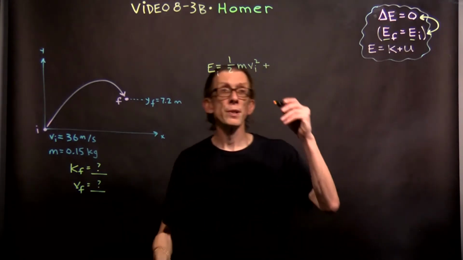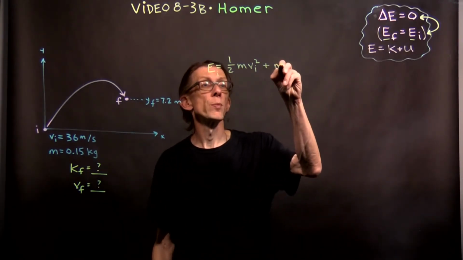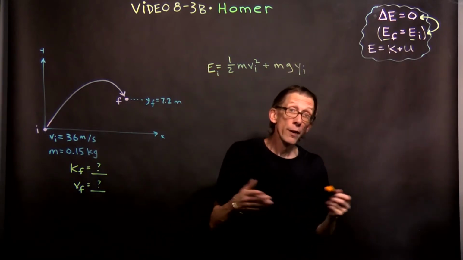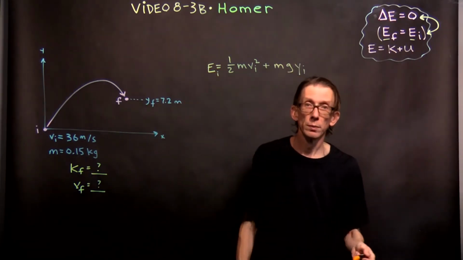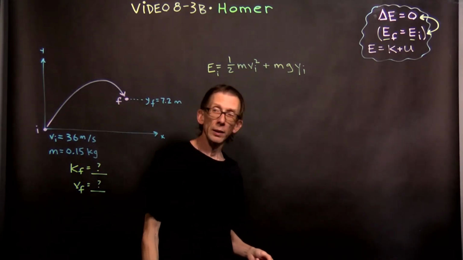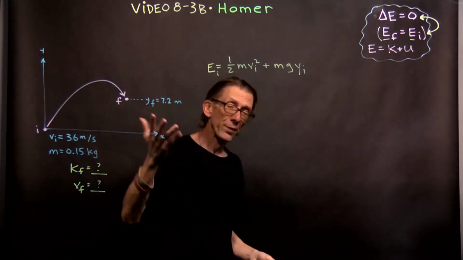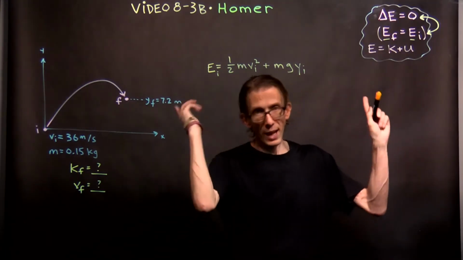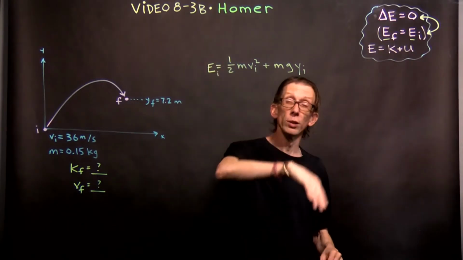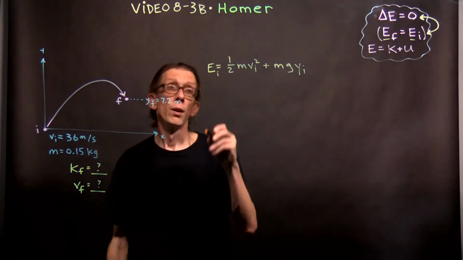So our potential energy here will be gravitational potential energy, because that's the conservative force we're dealing with in this problem. The ball has already left the bat, and we're not going to worry about what happens after the ball is caught by the fan. So this is the initial energy of the ball.